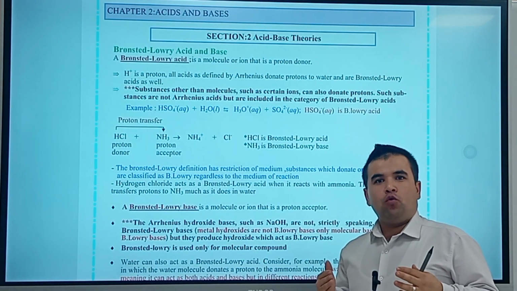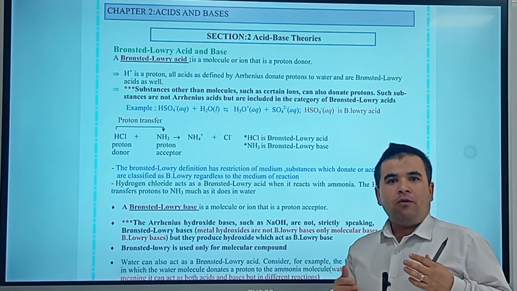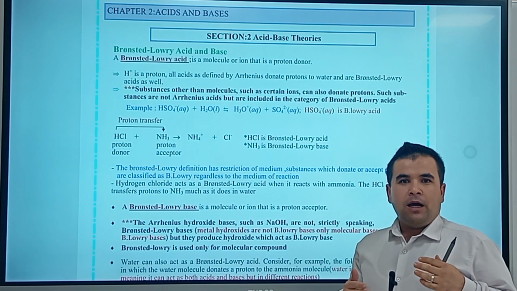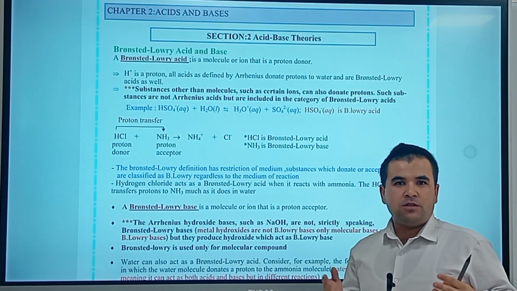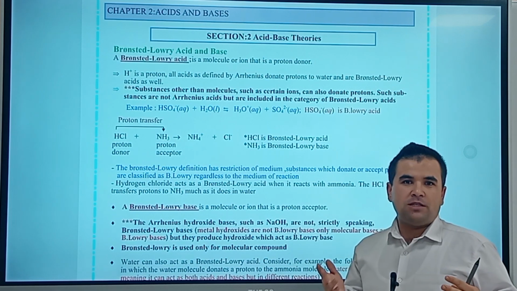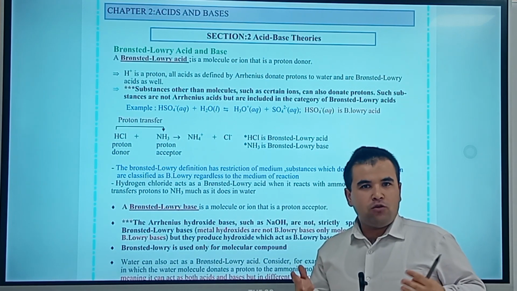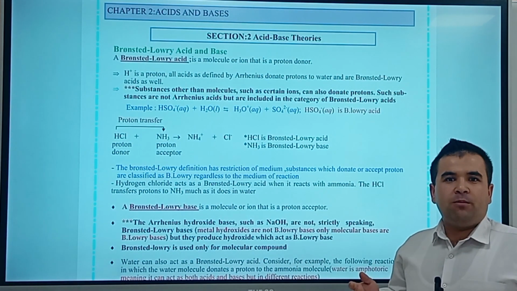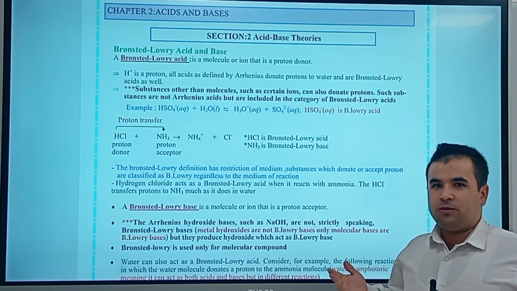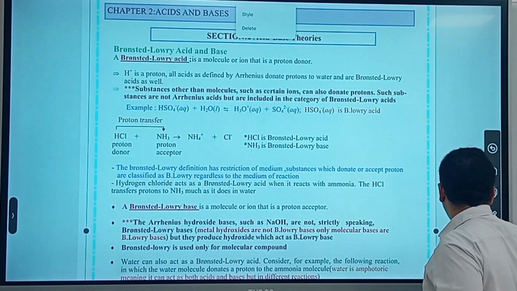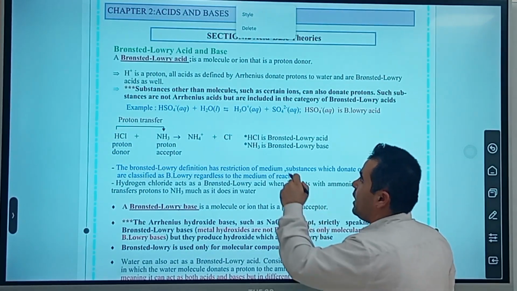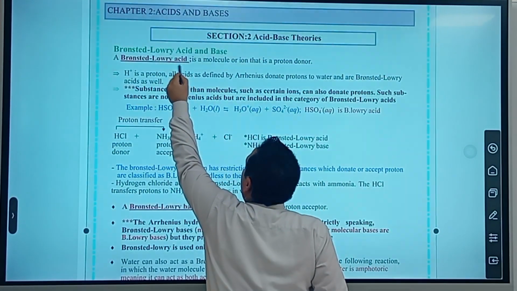But the Bronsted-Lowry provided another condition to classify compounds, molecules, and ions as Bronsted-Lowry acid or base, which is the donation or acceptance of a proton. So guys, according to Bronsted-Lowry, the acids are what?